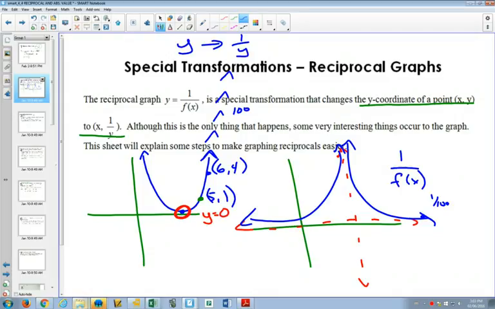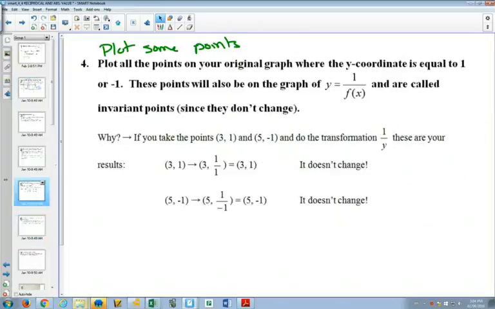So when I look at (6, 4), I'm now going to have (6, 1/4). And when I look at (5, 1), I'm now going to have (5, 1/1), but 1 over 1 is still 1. That's why in this step right here we call those invariant points, because where you have values of 1 and -1, when you do 1 over that, it doesn't change.